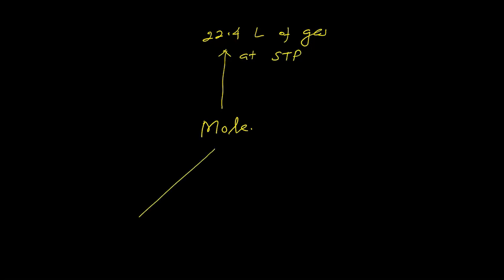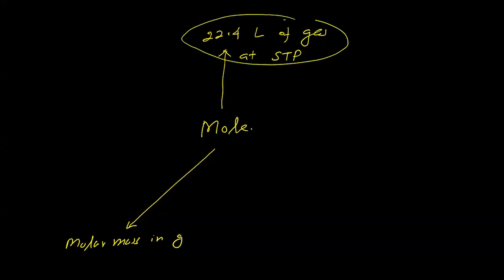But 1 mole is also equal to molar mass in grams. These 2 points you know already from the diagram. It means if I can calculate the mass of 22.4 liter of gas, that will be equal to the molar mass of that gas.